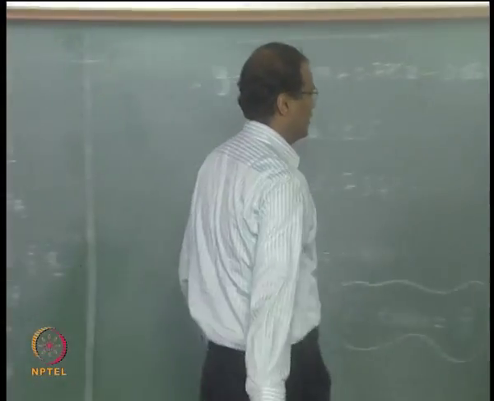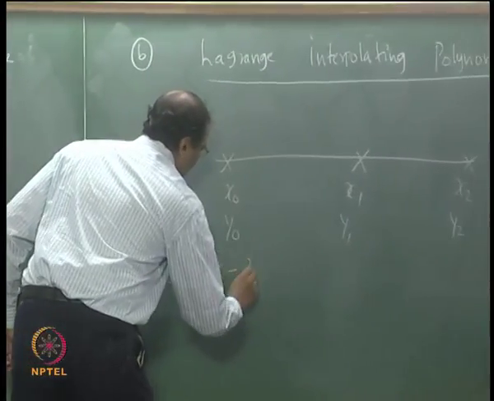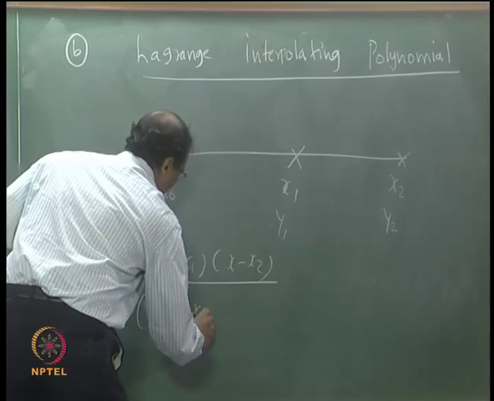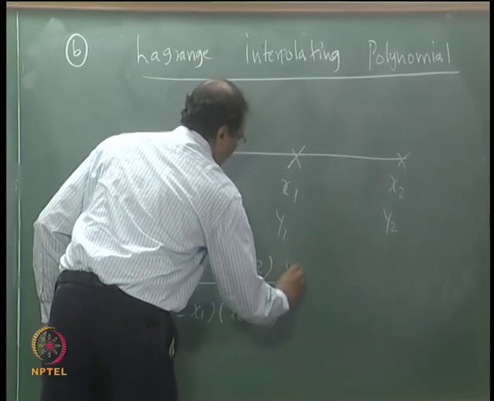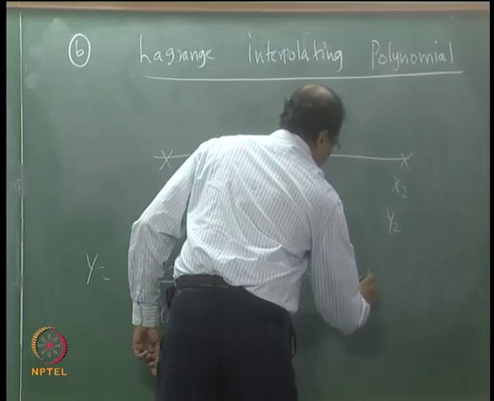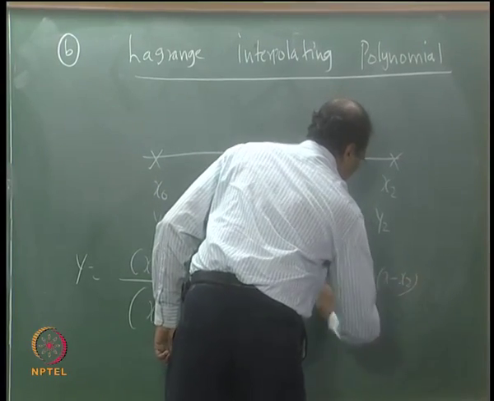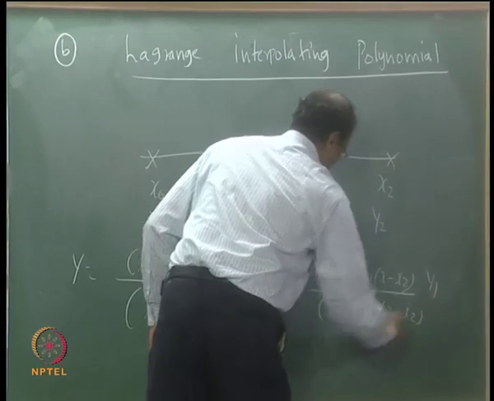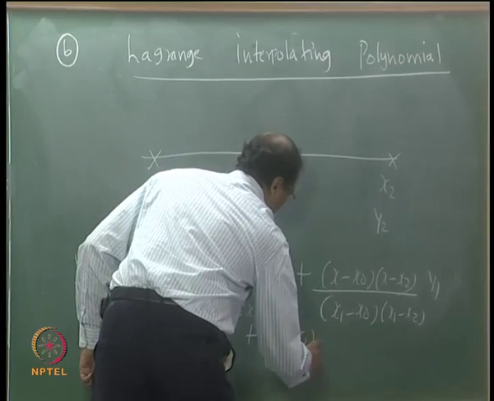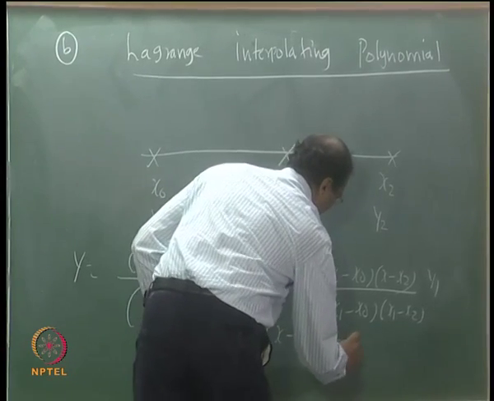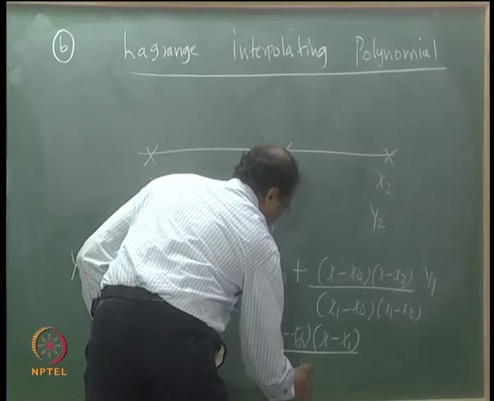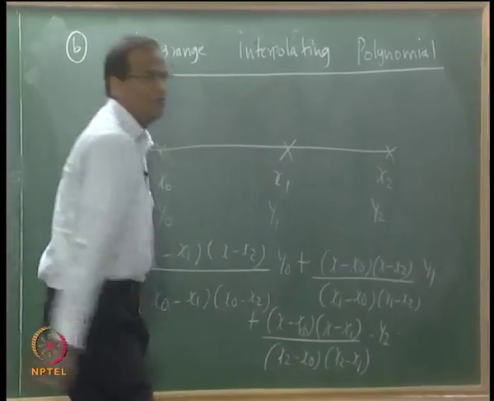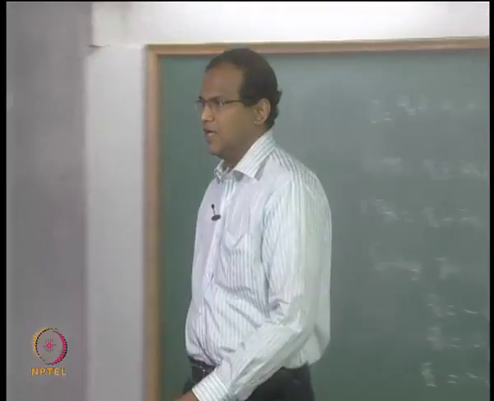The Lagrange polynomial is like this: y, the Lagrange interpolating formula.